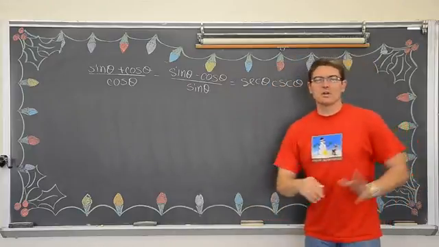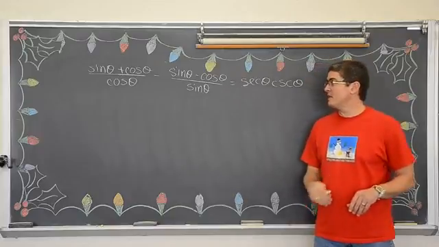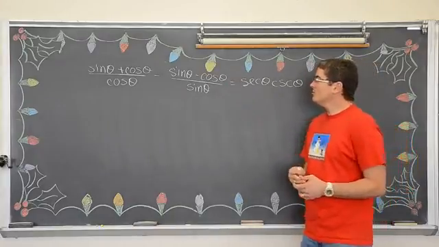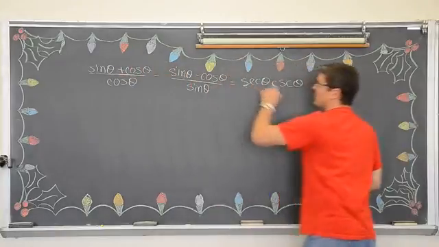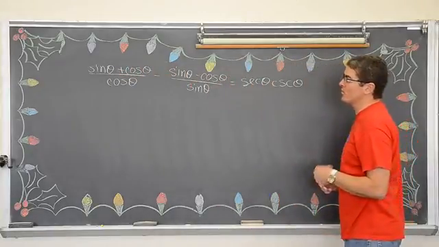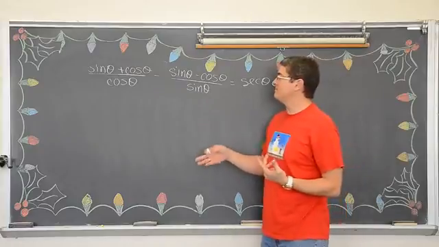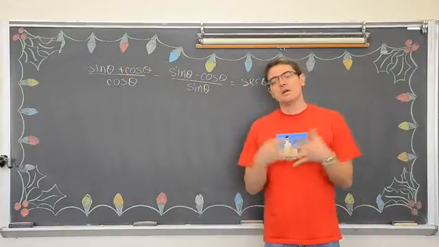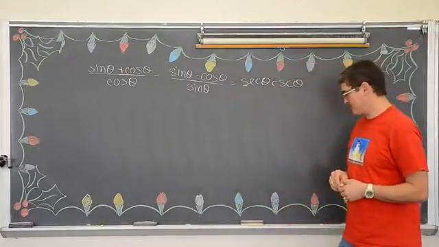Okay, so we're going to clearly again work with the left-hand side because it's obviously much more complicated than the right. Well, we have two terms, and over here we only have one term, which means we're going to find common denominators again and try to bring those fractions together and see what happens.